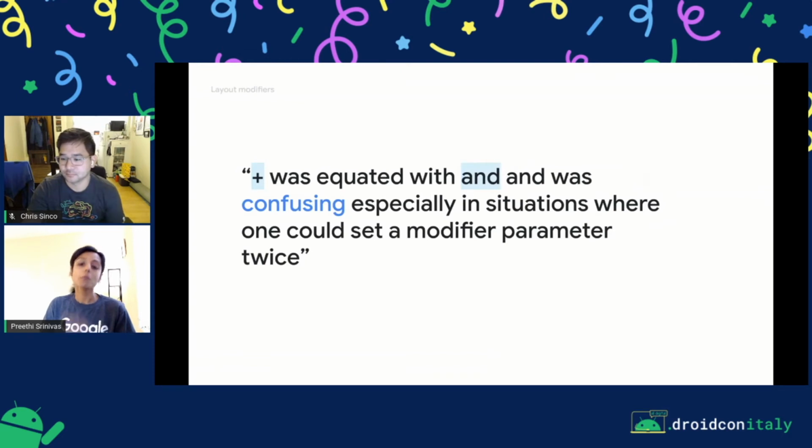So let's go back to what we learned from the modifiers concept. The very first red flag that got called out was with the usage of the plus operator. There were many developers who associated plus with the concept of addition, so they were expecting to see something like a compound result.